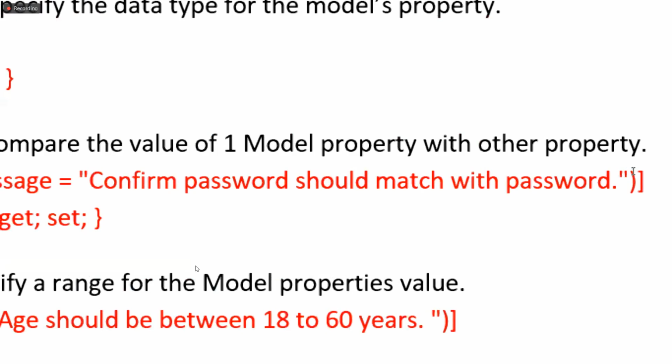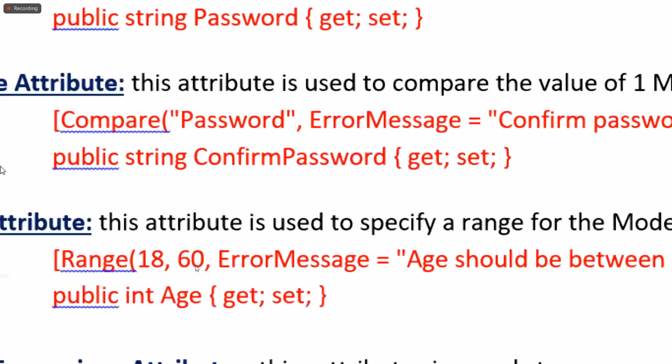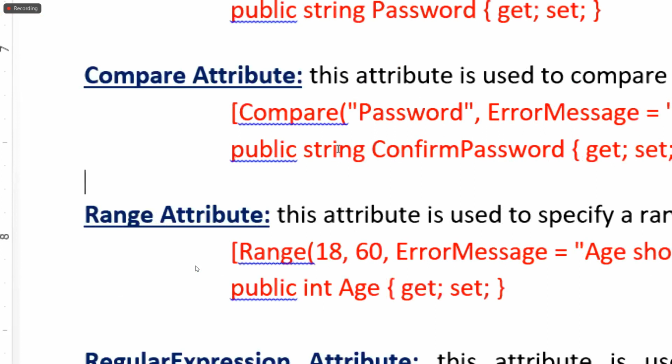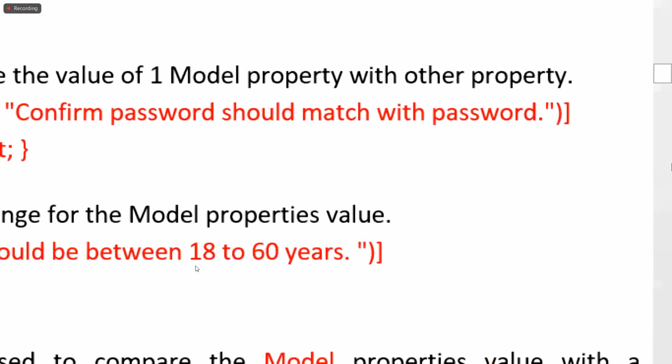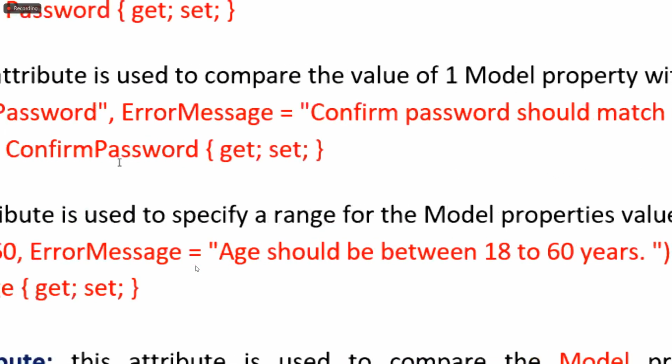See guys, to do the same thing in your C#, you have written manual coding. What is it? If txtConfirmPassword is not matching with txtPassword, what to do? But here what are you writing? Nothing. Simply you're telling it to compare with Password and telling what should be the error message. Are you getting me? Very simple code. We don't require to write any complex logic.